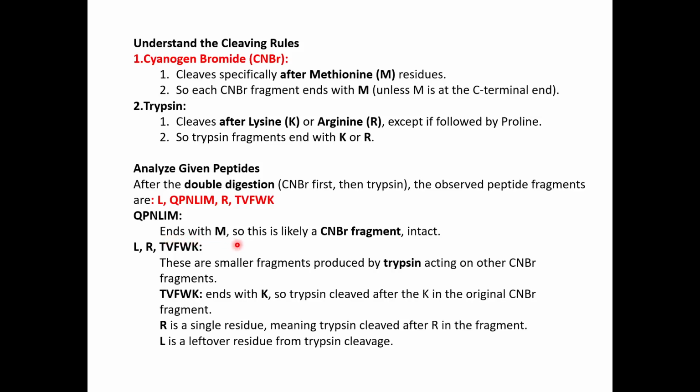This ends with a methionine here, so it's likely because of the cyanogen bromide fragment, and then there are smaller fragments produced because of the trypsin. This has a K, so trypsin cleaved after K in the original cyanogen bromide fragment. Then we have the R single residue and L single residue that is left, which is because of the trypsin.